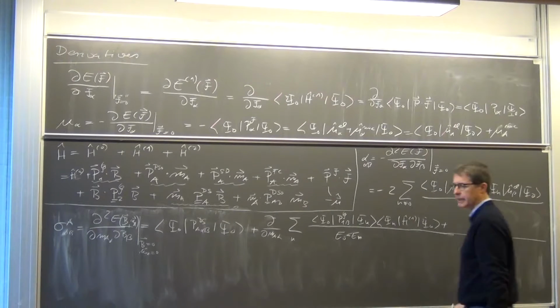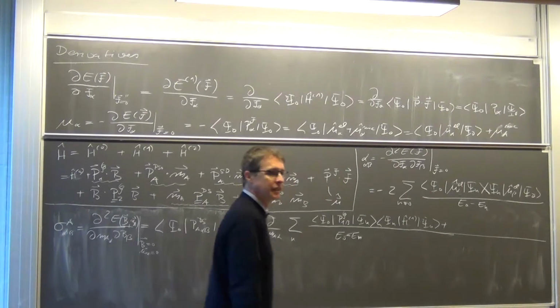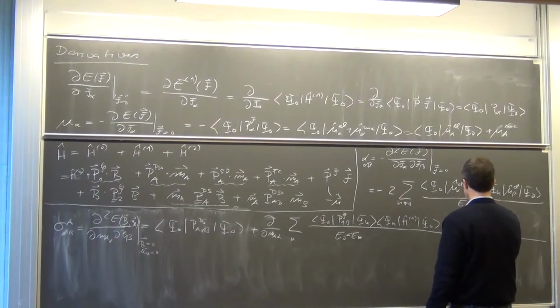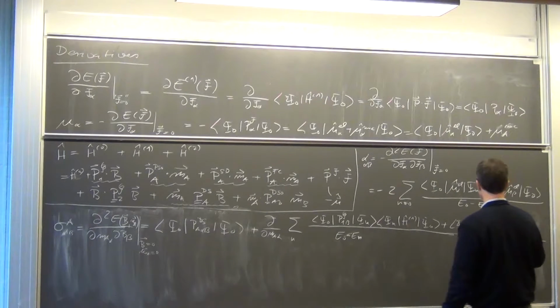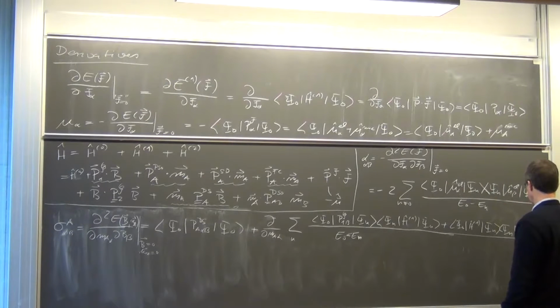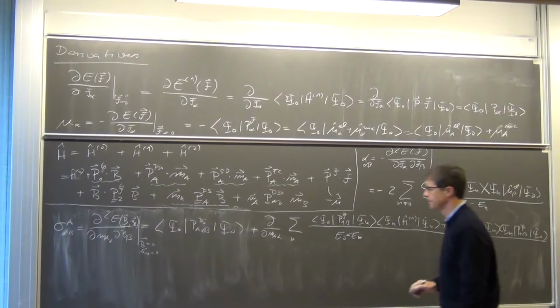plus, I'll just put it on a big ratio. I take the derivative of the second one, psi 0, Hamiltonian 1, psi n, psi n, and again psi 0.